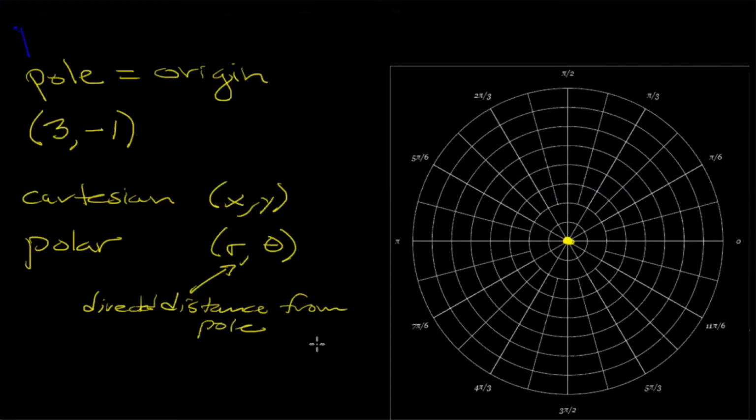So if I had the point, let's say 3, and then 2 pi over 3. So if that was my point, then that means I go out to the third ring. So 1, 2, 3. That means my point's going to be somewhere on this ring right here.